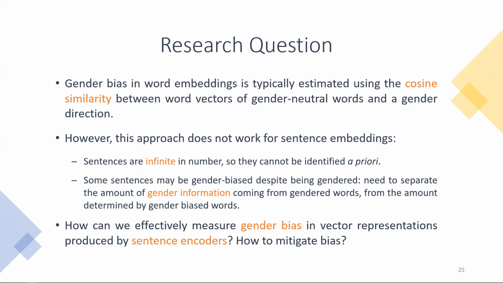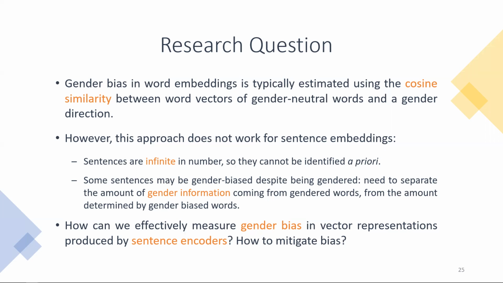The second problem is to try and separate the amount of correct gender information, gender semantics, that comes from correctly gendered words like mother, female, he or she, from the amount of gender information that is, let's say, false information, coming from gender biased words. So stereotypical concepts, for instance, like programmer, as we said before, or homemaker.